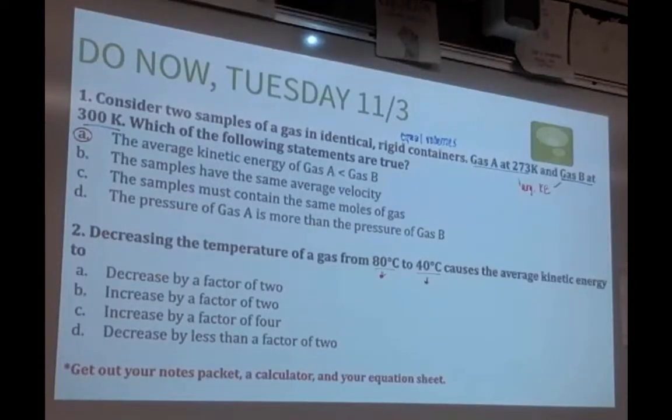Now let's say that you forget how to convert between Celsius and Kelvin. Remember that it is on the equation sheet. Right underneath gases, the fifth equation down has K equals C plus 273. So if you forget, there it is on the equation sheet.